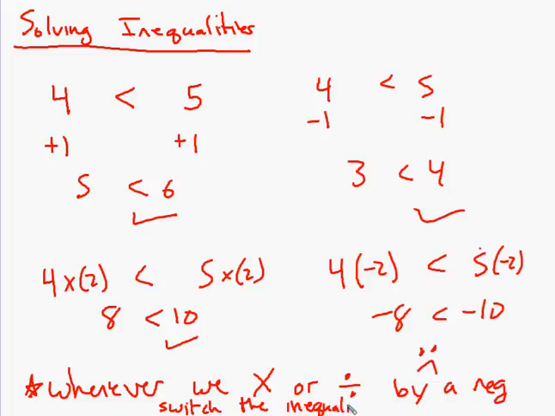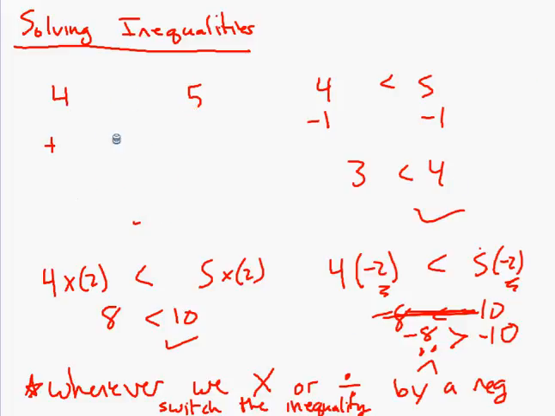And for short, I say flip it. So we flip the whole inequality. So I should flip that one around to say negative 8 is greater than negative 10 because I multiplied right here by a negative. Now it doesn't matter if my answer becomes negative in the process. It's whether I multiplied or divided by a negative.